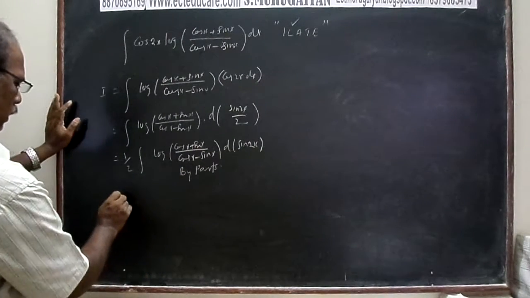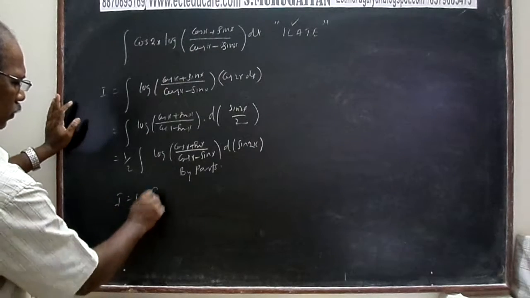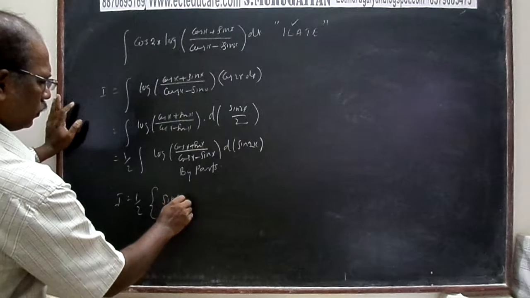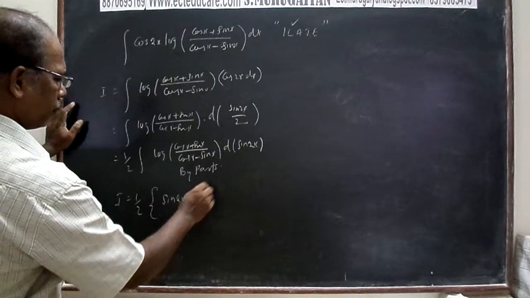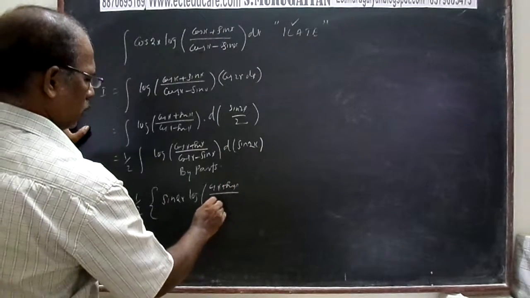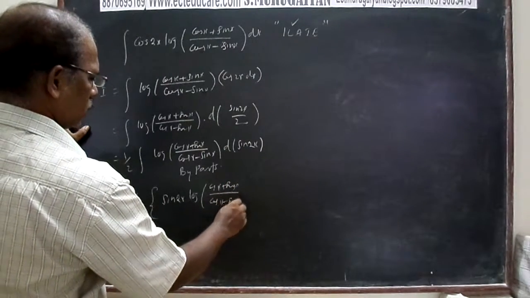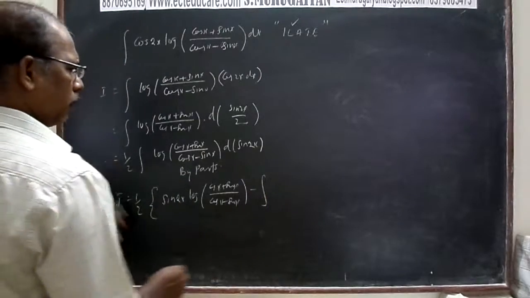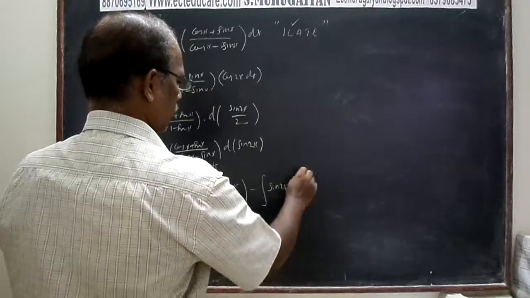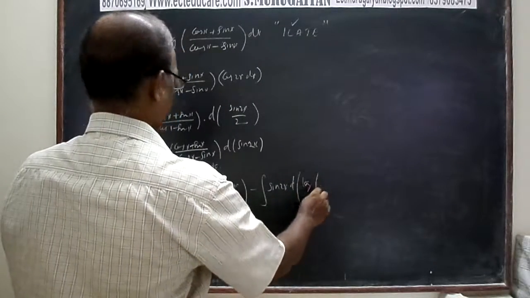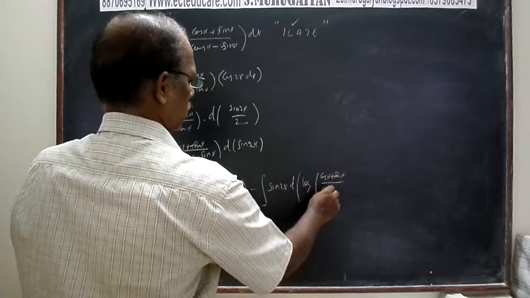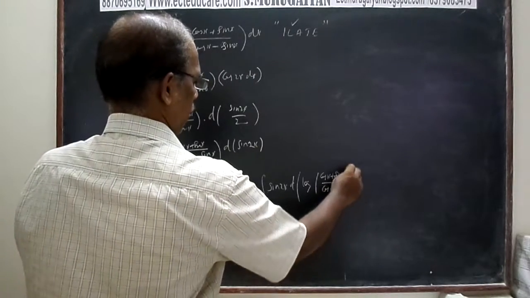Integrating by parts, I equals 1 by 2, with u as the log and dv as sin 2x: log of (cos x plus sin x) by (cos x minus sin x) into sin 2x, minus integral of sin 2x, then d of log of (cos x plus sin x) by (cos x minus sin x).